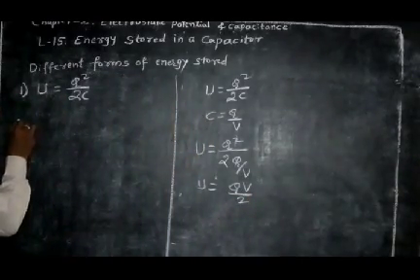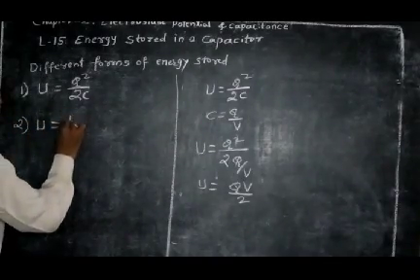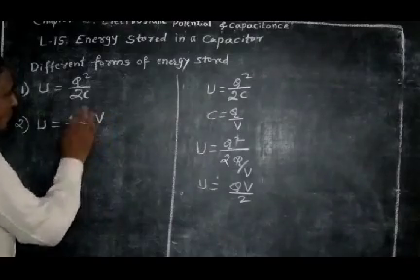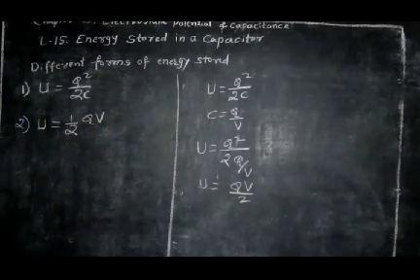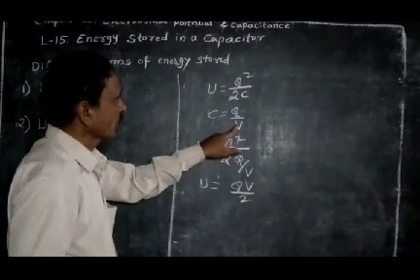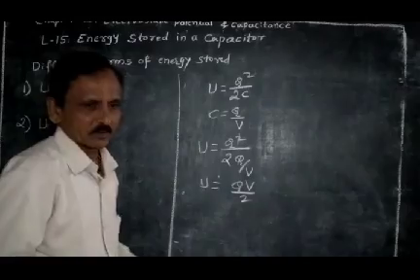Therefore, the second form of energy stored is U equal to 1 upon 2 Q into V, or QV divided by 2.